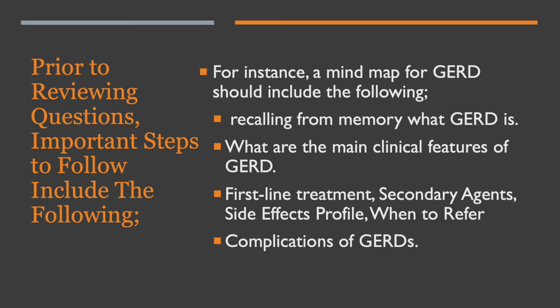This is just an example of a mind map for GERD, but it can be more extensive than what is listed below. For instance, a mind map for GERD should include the following: recalling from memory what GERD is, recalling from memory what are the main clinical features of GERD, the first line treatments, secondary agents, side effects profile, when to refer, complications of GERD, what are the physical findings in GERD, what are the main diagnostics of GERD.